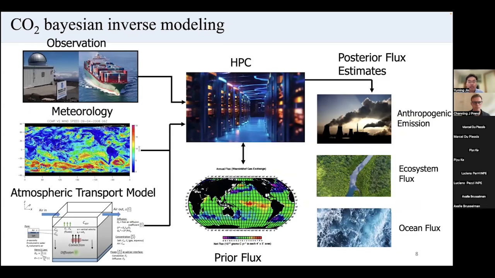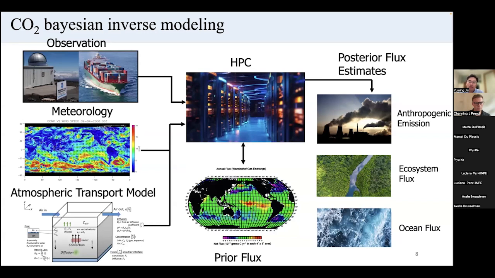The conventional method to estimate CO2 flux from atmospheric data is called Bayesian inversion modeling. This is a statistical method that starts with prior flux estimates, which are initial assumptions about the distribution of CO2 sources and sinks. Then the atmospheric measurements are combined with atmospheric transport models and meteorology data that provide you the surface footprint of your observation, to identify the required change in your assumed sources and sinks region magnitude to make simulated tracer concentration better align with your observation.